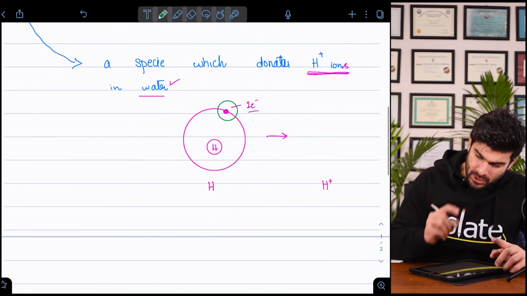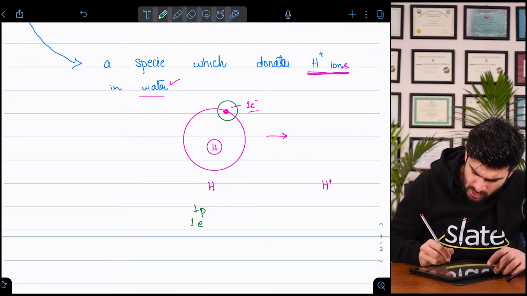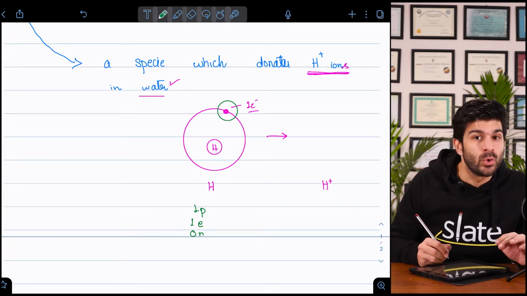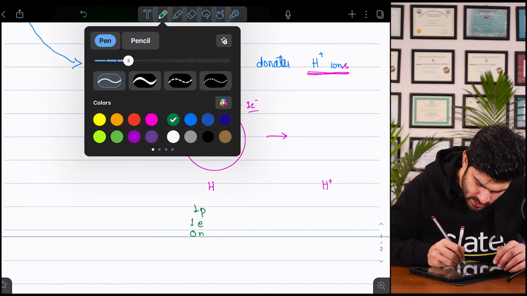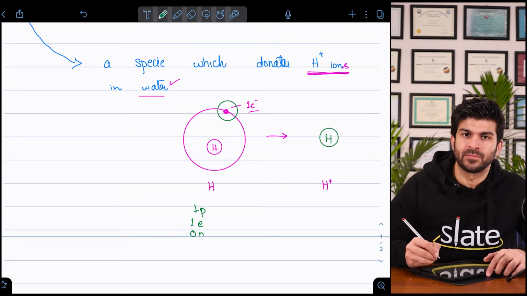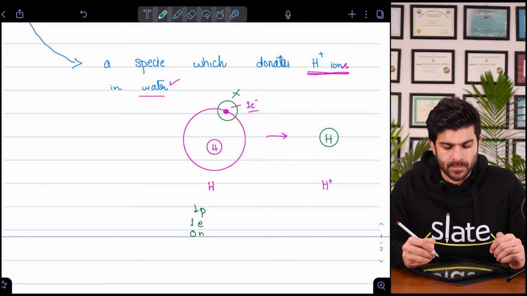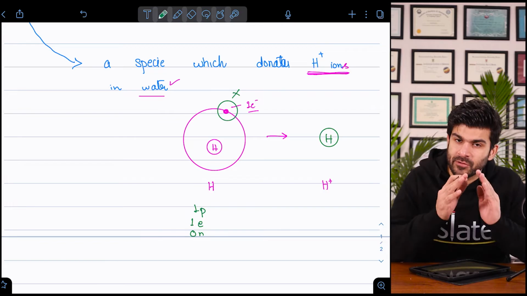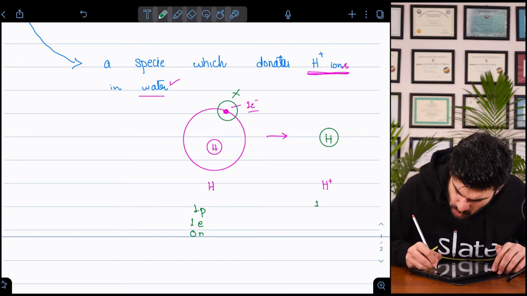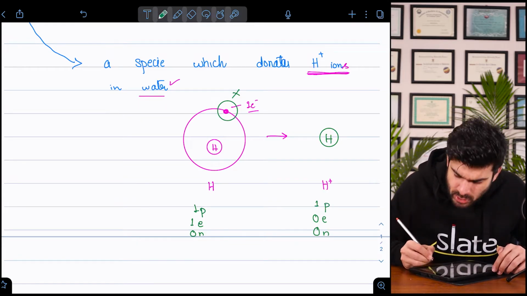We know that hydrogen has one proton, hence one electron, but no neutron. So just look at this, students. We have this hydrogen nucleus left, the electron has been removed. So what is the configuration of this particular hydrogen ion? It has one proton, now 0 electrons, and 0 neutrons.